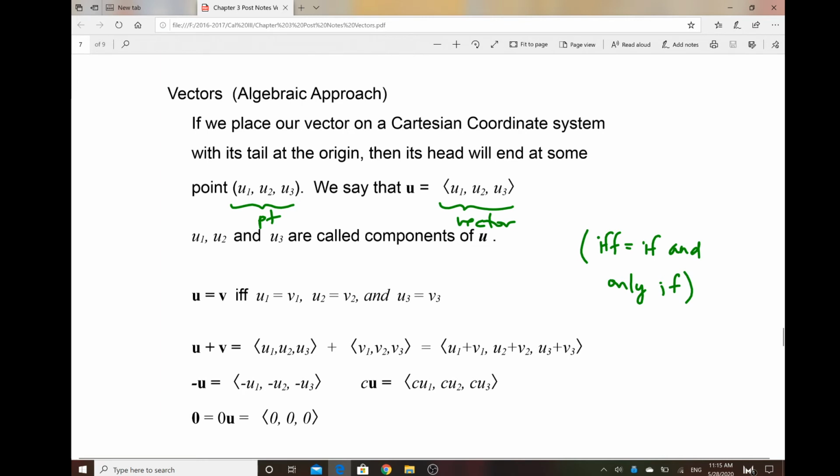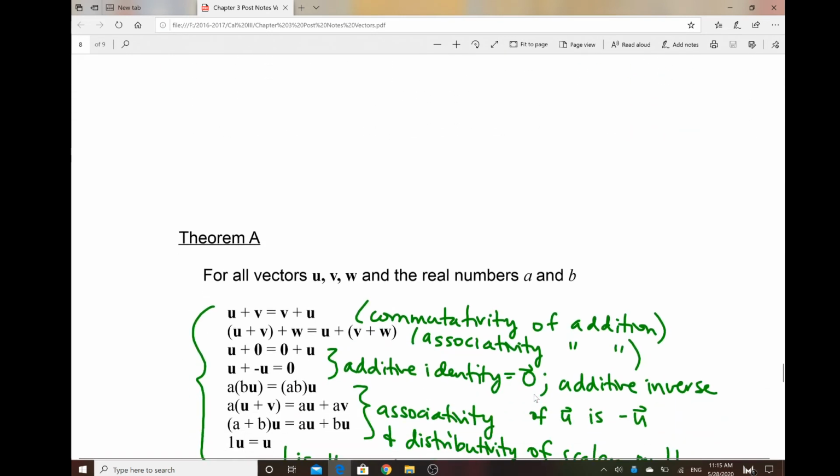Negative u, with the vector components, would be <negative u1, negative u2, negative u3>. Multiplying by a constant gives <constant times u1, constant times u2, constant times u3>. If it's a zero vector, that means nothing, and it can be written as <0, 0, 0> in component form.